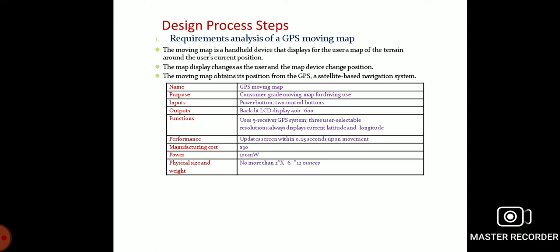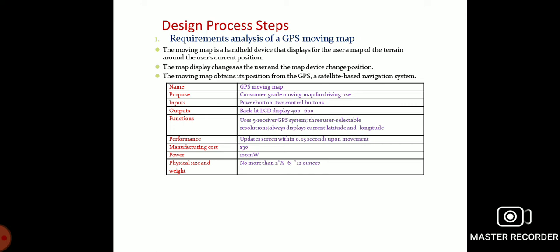The moving map is a handheld device that displays for the user a map of the terrain around the user's current position. The map display changes as the user and the device change positions. The moving map obtains its position from the GPS satellite based navigation system.